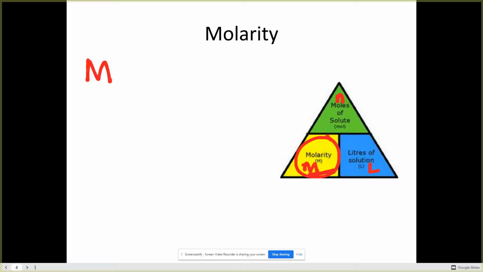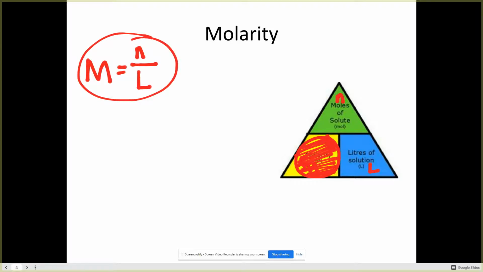So let's hide it. We don't see it. So look at what's left inside the triangle. What do you see? I see N on top of the L. That means to get big M, or molarity, I need to divide the moles by the liters of solution. And that's how you get that formula.